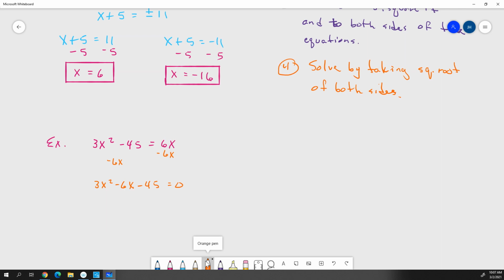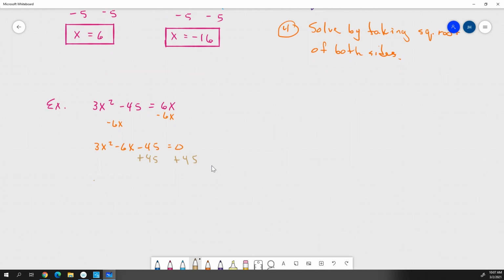And now we can move the 45 over, right? So I can just add 45 to both sides, which is going to give me 3x squared minus 6x. I'm going to leave a little space there because I know I've got to add something to it, equals 45. And now we're good to create these problems, right?